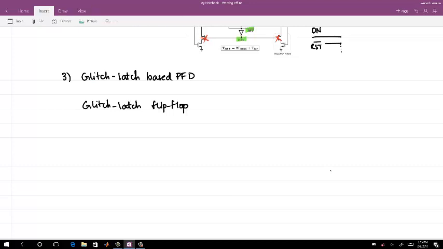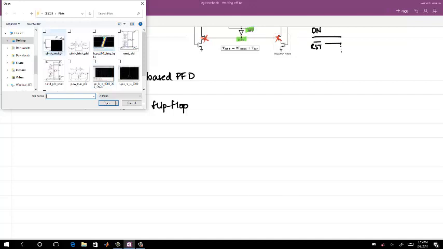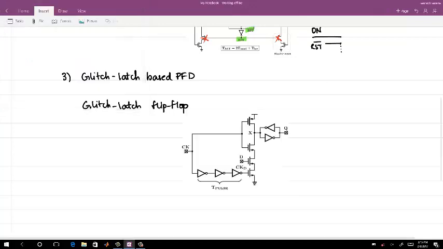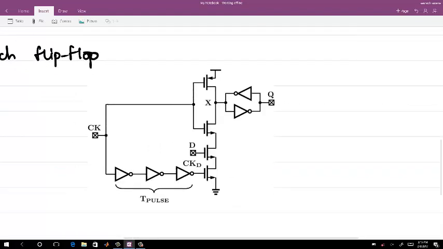Let me show that one. In this case, let me plot the input versus output characteristic.